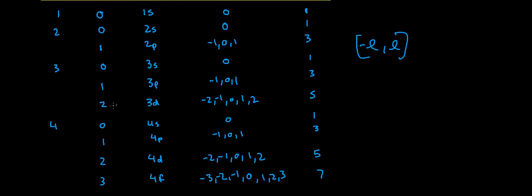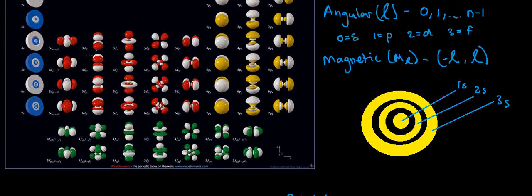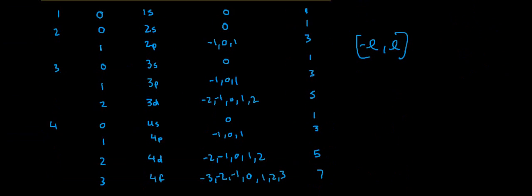And then finally I go to 2, and I get into the d's, and then I have 5 different orbitals. Here is an example of what those would look like. These ones look pretty normal, but then you have this circle disc in the middle. I have no idea what causes that. That's what they tell me it looks like. Maybe I'll figure it out sometime. And then I can continue to go down.